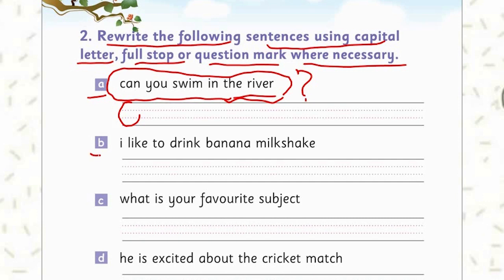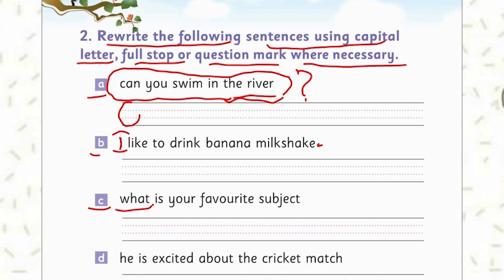The B. I like to drink banana milkshake. Here, I should be capitalized. And yes, end of the sentence, so there should be a full stop here. See here, what is your favorite subject? Again, you can see the word here.